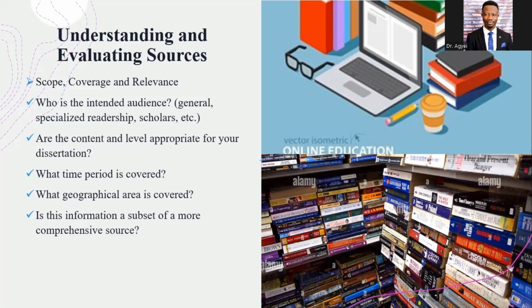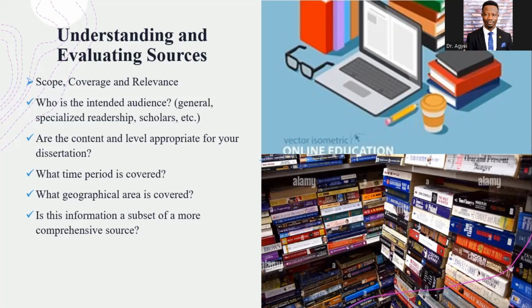You need to go back to get those. But other than the key people, for any other materials you are using, you need to look at the time period. And then another thing is the geographical area the material covers, because some studies may be relevant in other jurisdictions, but if you bring them into your own jurisdiction, they may not fit.